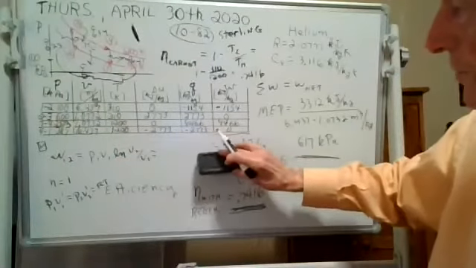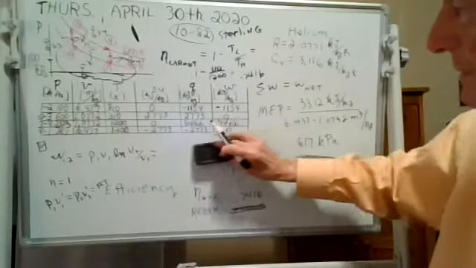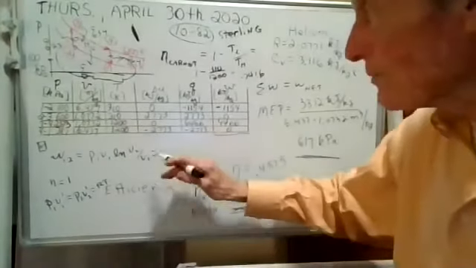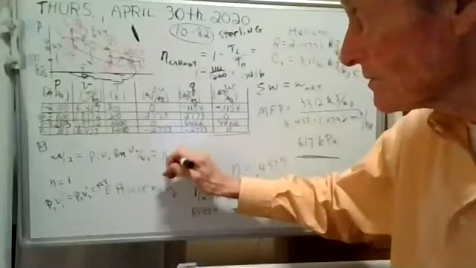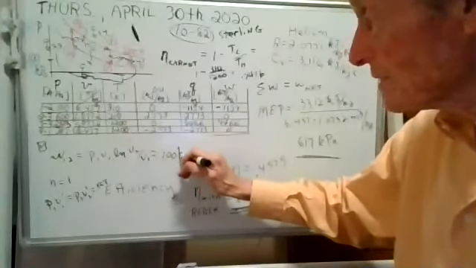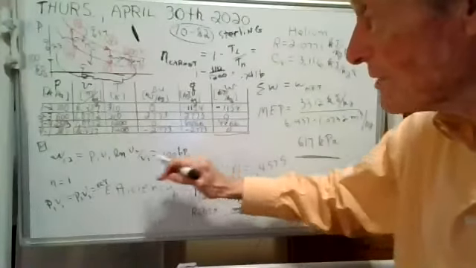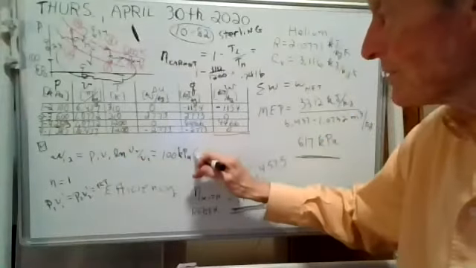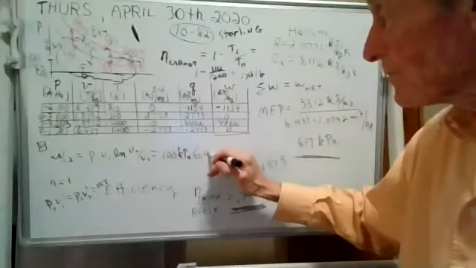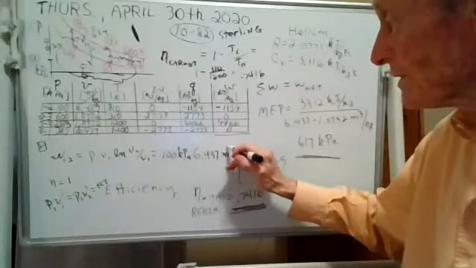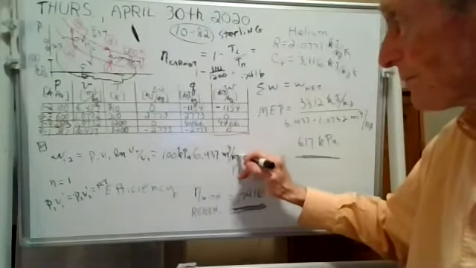P1 is 100 kilopascal. V1 is 6.437 cubic meters per kilogram.